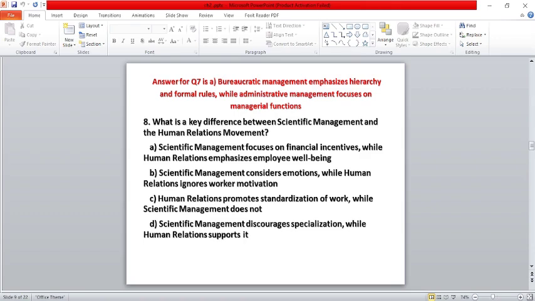C. Human relations promotes standardization of work, while scientific management do not. D. Scientific management discourages specialization, while human relations support it. The answer for this question is A. Scientific management focuses on financial incentives, while human relations emphasizes employees' well-being.